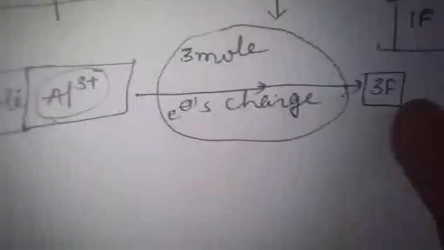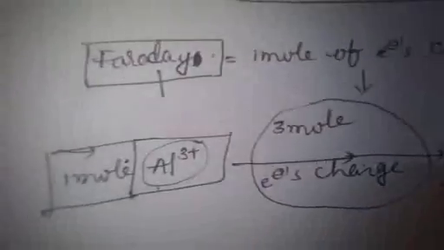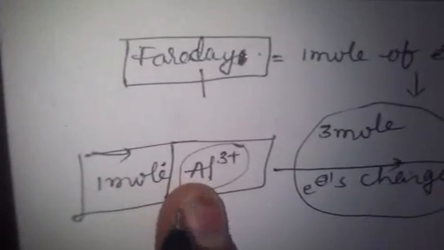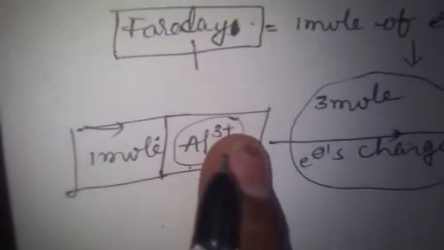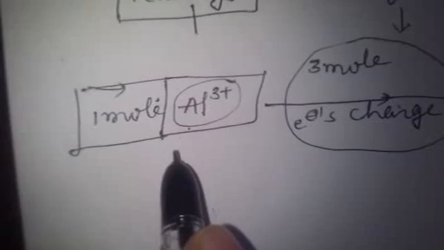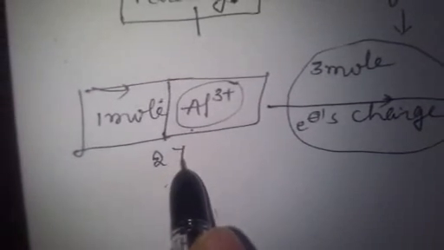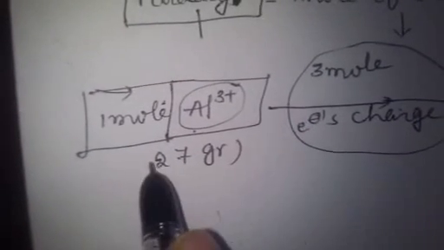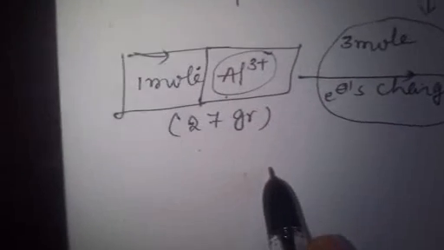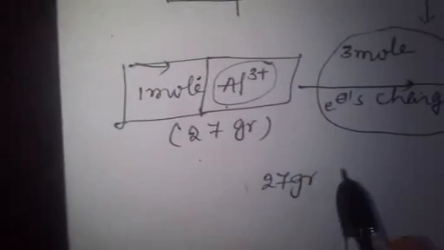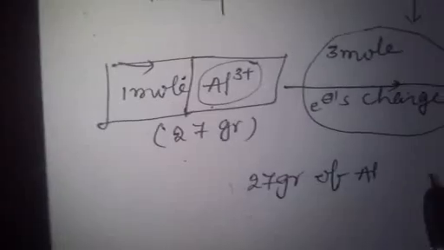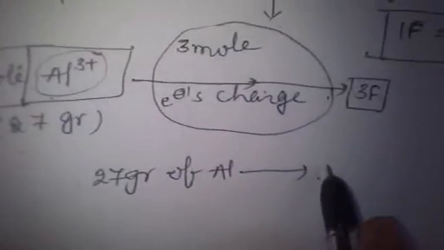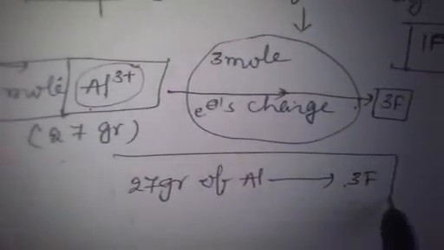So 3 Faraday of electricity is used to deposit 1 mole of Al3+. Here 1 mole of Al3+ means the molar mass is 27 grams, so 27 grams of aluminum is deposited by using 3 Faraday.